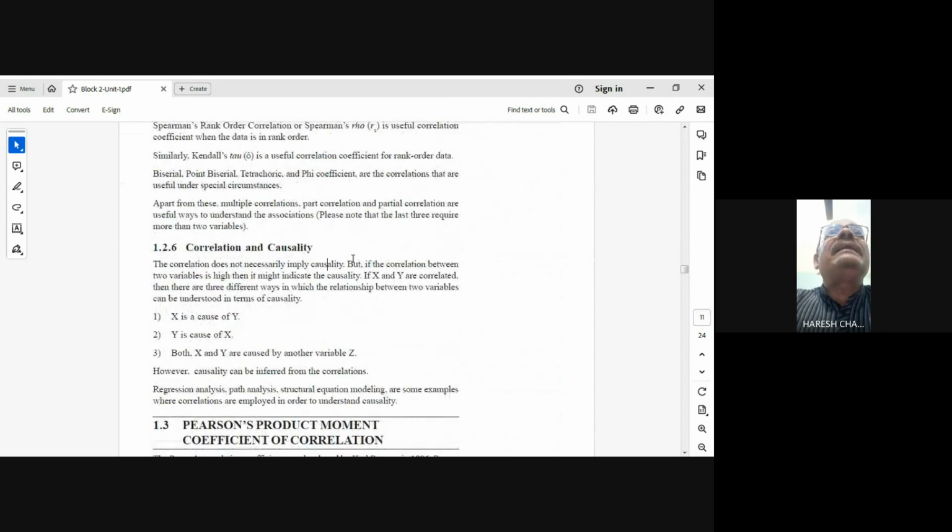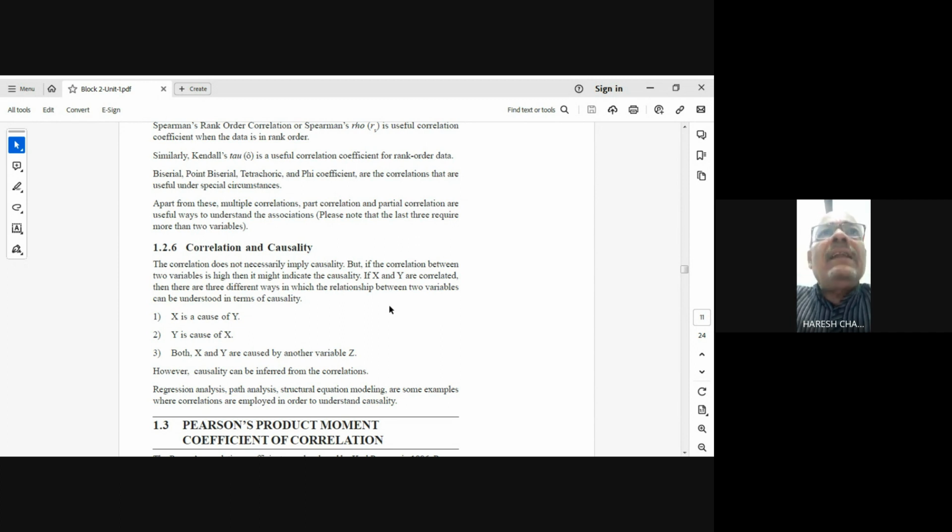Correlation and causality. Now, there is some debate about if we see that correlation among two variables is high, can you say one is the cause and other is the effect? Is there a cause and effect relationship? Supposing we find that height has a positive correlation with weight, then the question is, does height cause weight or weight cause height?